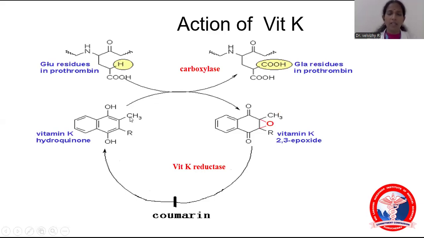So vitamin K in reduced form is required for the activation of clotting factors 2, 7, 9, and 10. The conversion of vitamin K from epoxide form to reduced form occurs with the help of vitamin K reductase. Vitamin K reductase is the enzyme needed for this conversion, and the reduced form is taken up for the carboxylation or activation of clotting factors 2, 7, 9, and 10.